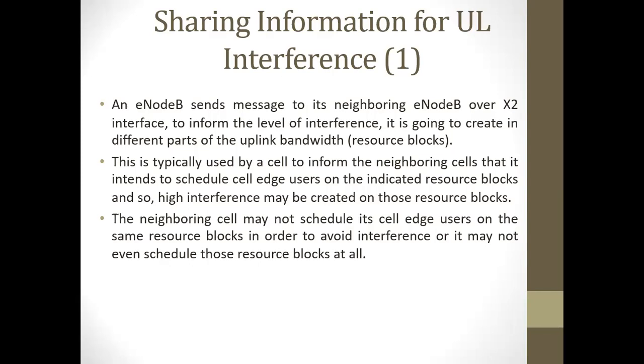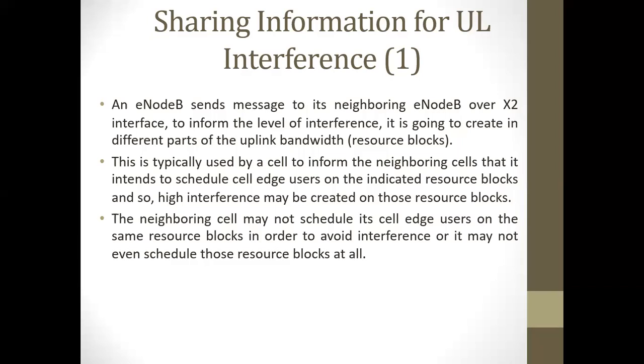Okay, so if it uses them for users who are close, the difference here is that when the user is in cell edge areas, on the one hand, the user uses high power. On the other hand, the eNodeB receives relatively lower power. So for the neighboring cell, it receives significant power.